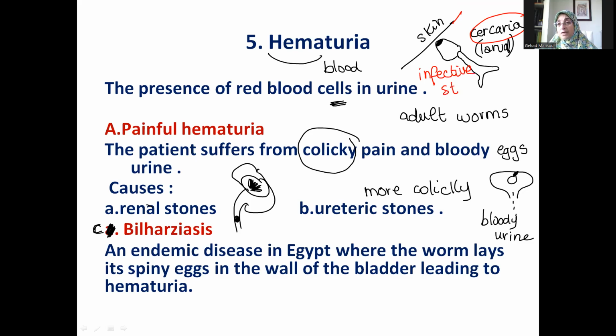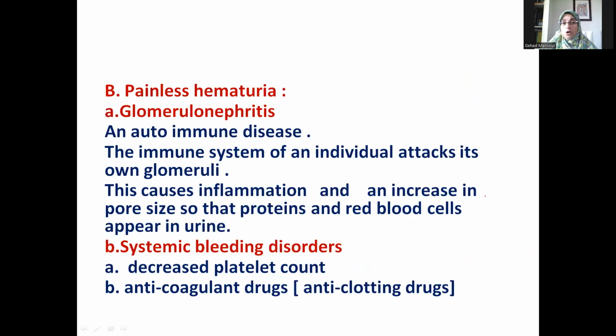Because it is the stage that is capable of penetrating the skin and transferring the infection from the polluted water to the inside of the human body. Whereas the cause of the bloody urine is not the cercaria, but it is the spine of the eggs that penetrates the wall of the urinary bladder.